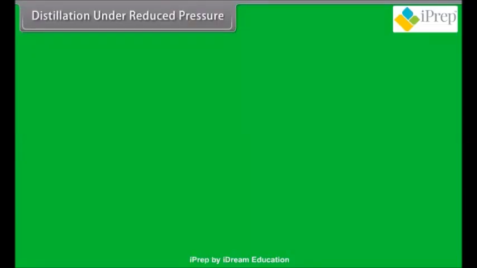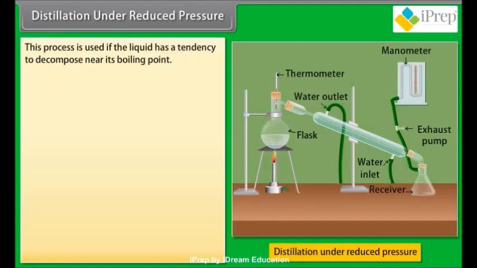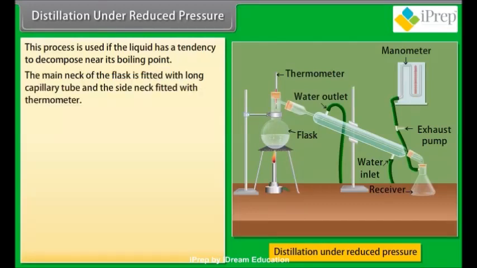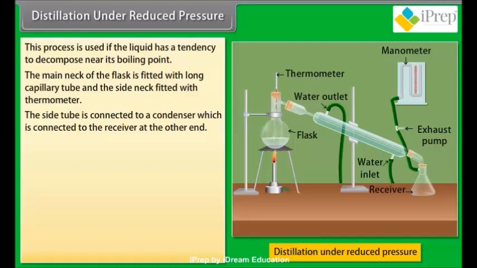Distillation under reduced pressure. This process is used if the liquid has a tendency to decompose near its boiling point. The main neck of the flask is fitted with a long capillary tube and the side neck is fitted with a thermometer. The side tube is connected to a condenser which is connected to the receiver at the other end.